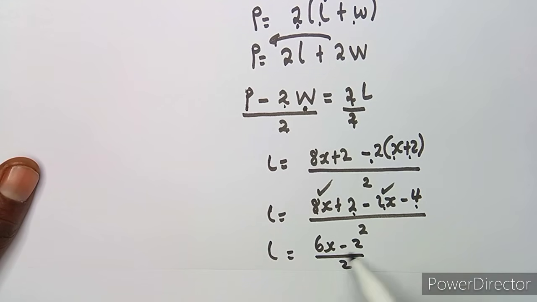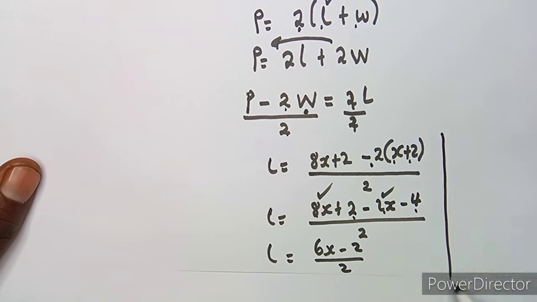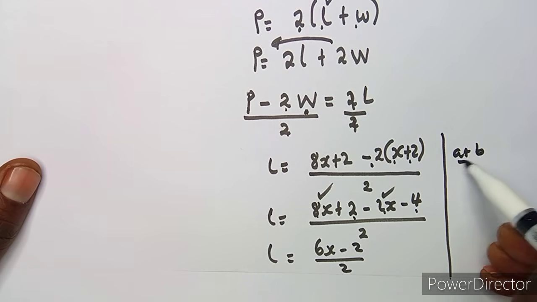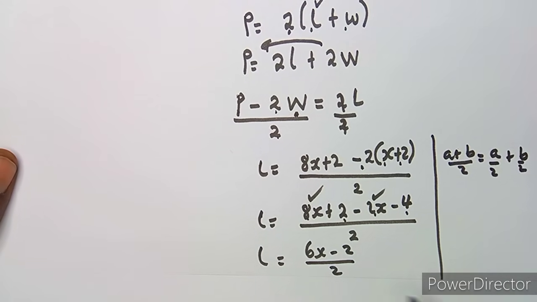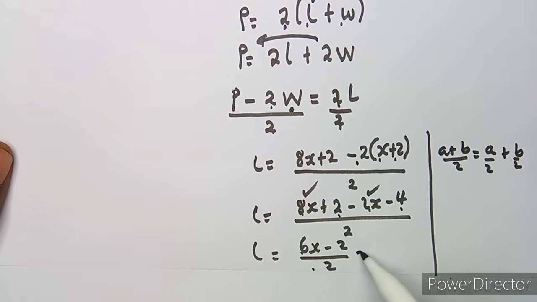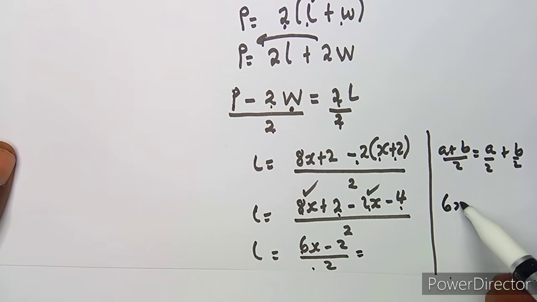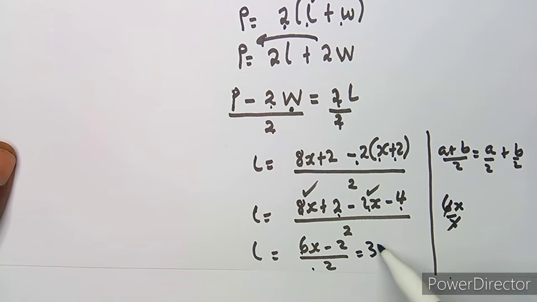So this you can easily divide, because if you're given a plus b over 2, it is the same as a over 2 plus b over 2. So you can separate this: 6x over 2, which is going to give us 3x, minus 2 over 2, which is going to give us minus 1. So this will be your length in terms of x.